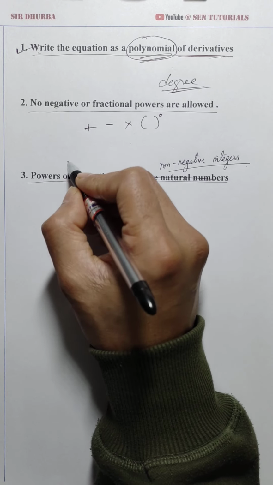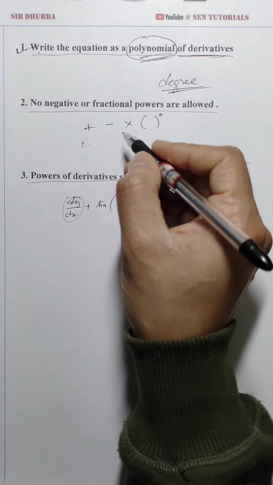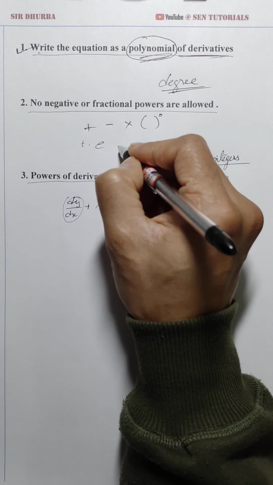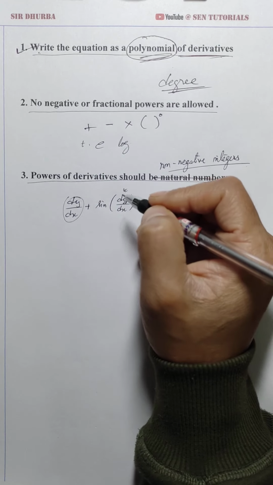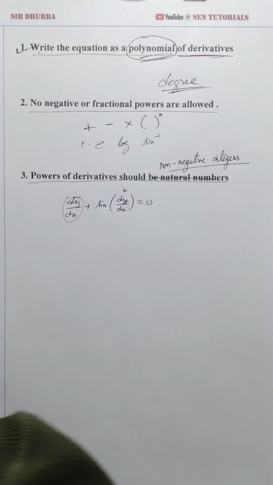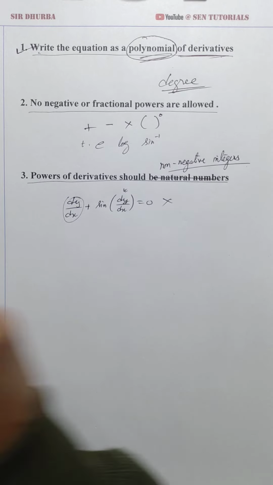But I did not say here that you can apply trigonometric functions on the differentials. I did not say you can apply exponential, logarithmic, or inverse trigonometric functions on the differentials. So if you find this on the differentials, it is not defined.